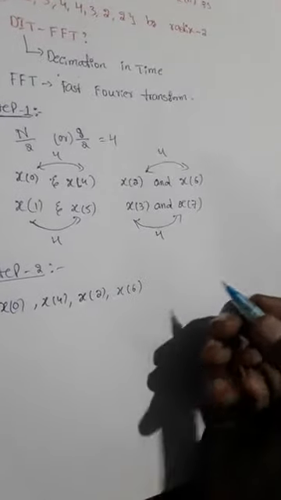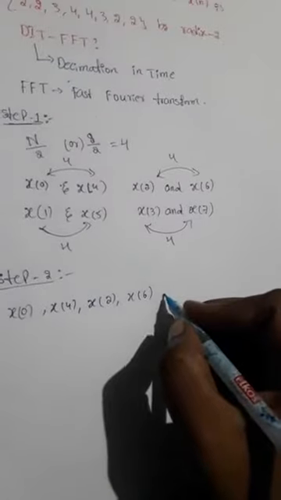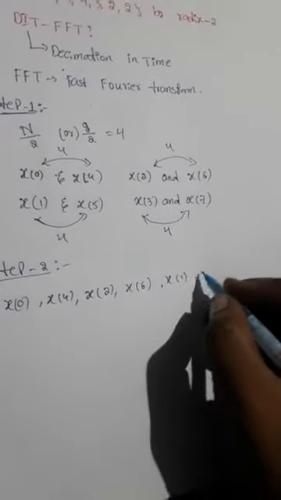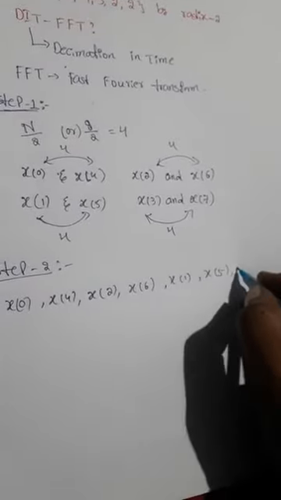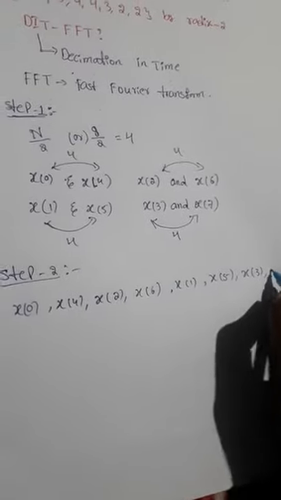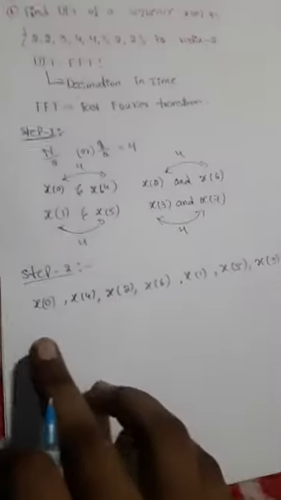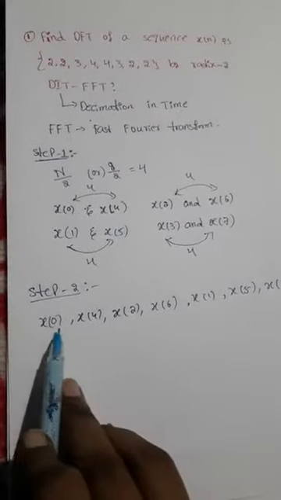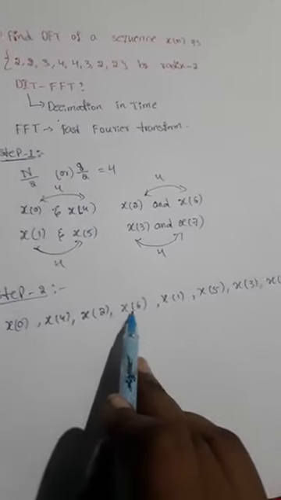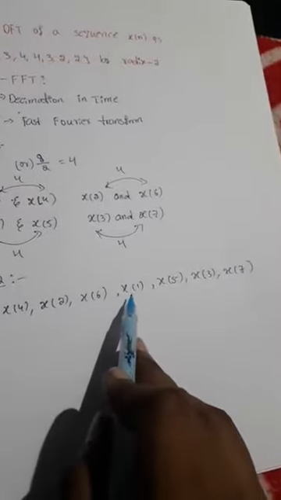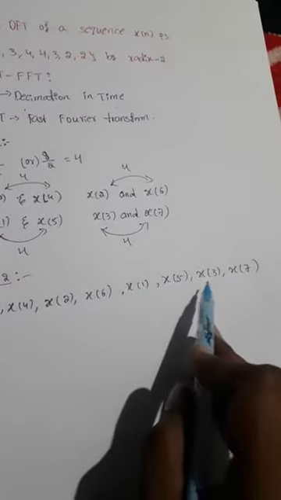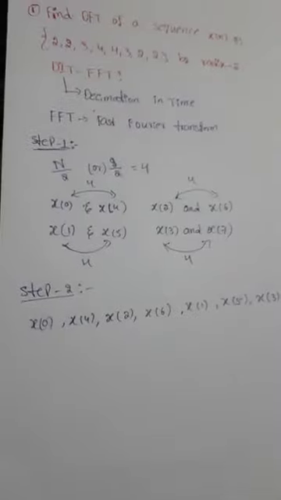These are the even pairs. Then the odd pairs are x of 1, x of 5, x of 3, x of 7. This is for step 2.